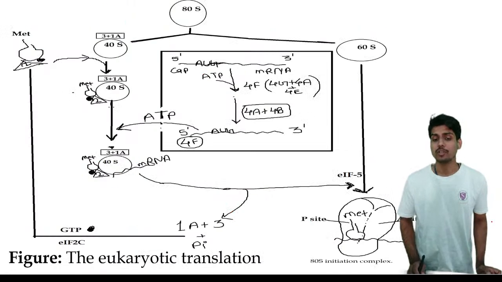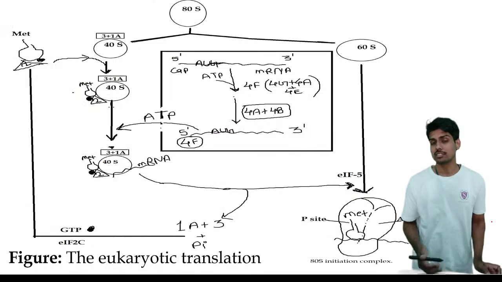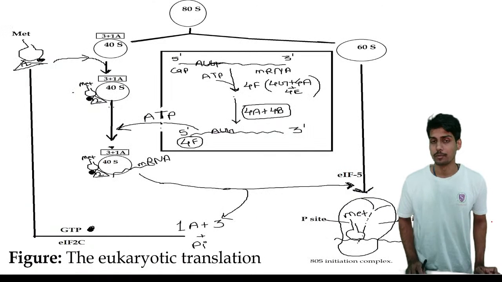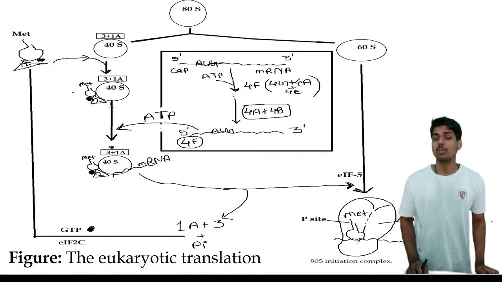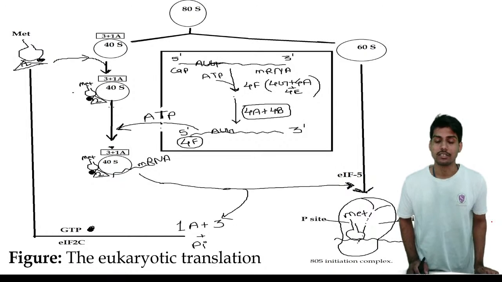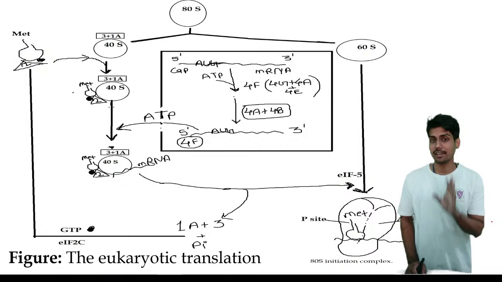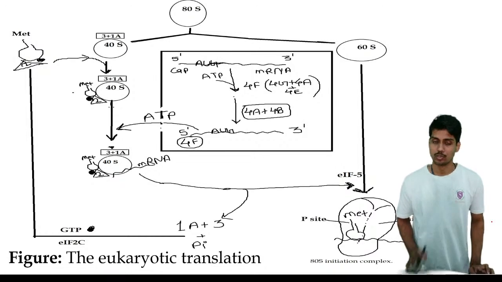Okay, now we are going to see just the diagram part of eukaryote and prokaryote translation, because if we go too much into the theory, it is going to be quite boring. So I will just explain the entire process in this diagram, so that you will understand.